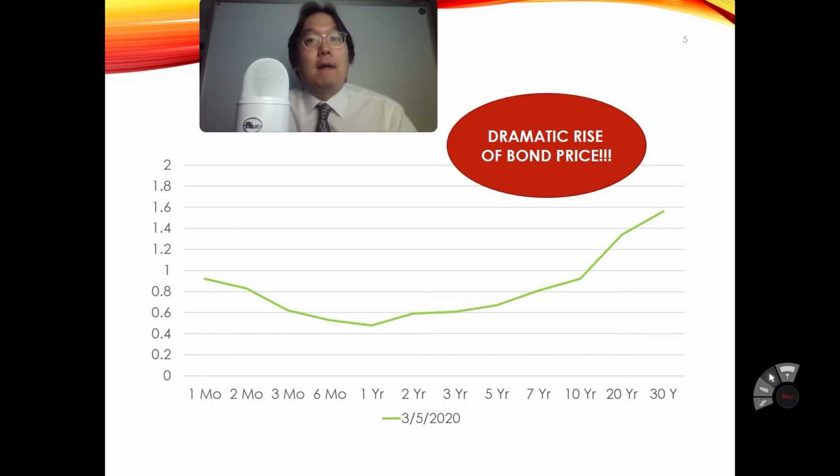They will be like, what's happening in the market? But during this period, the yield to maturities for each security was changing much more than 10 basis points or something. And you see that there was a dramatic bond price increase up until March 5th.